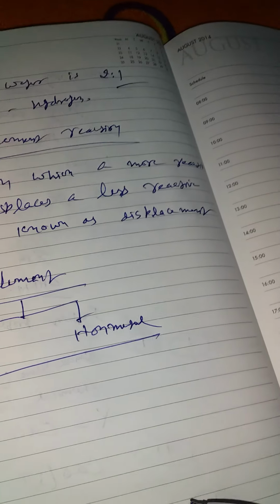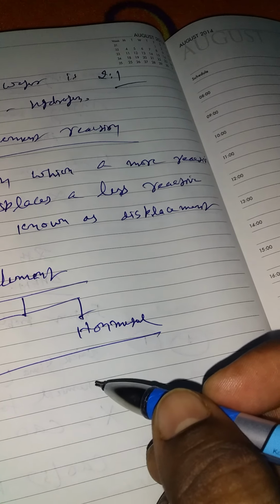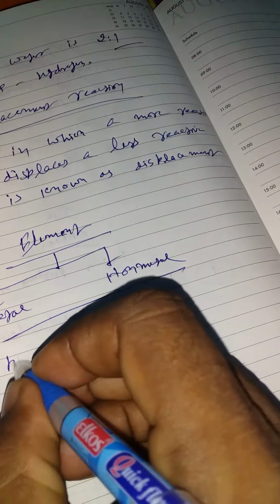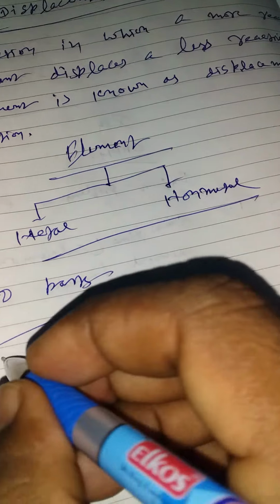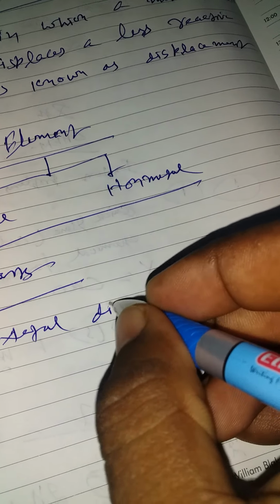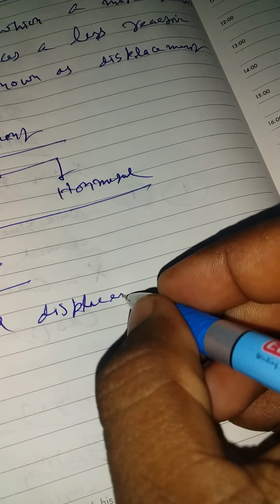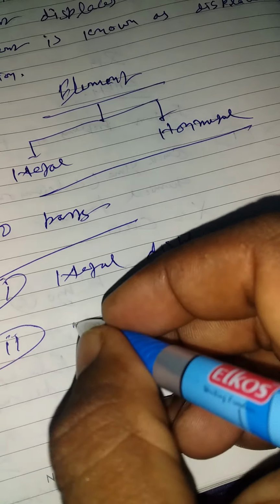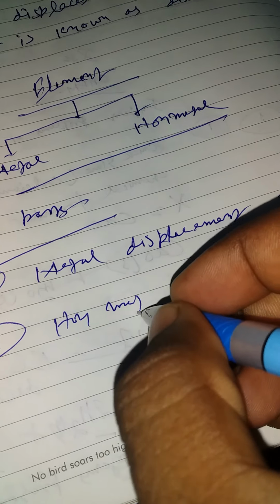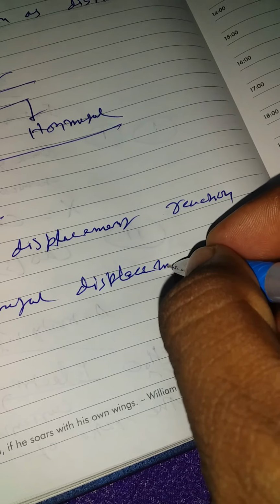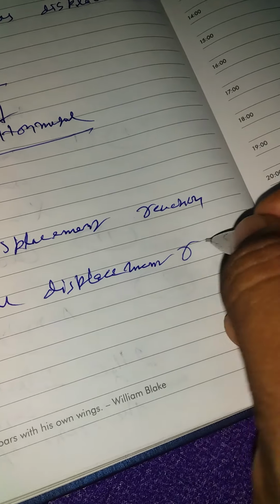So this displacement reaction is categorized into two parts. One is metal displacement reaction, and the second one is non-metal displacement reaction.